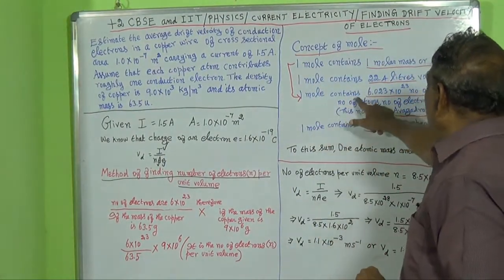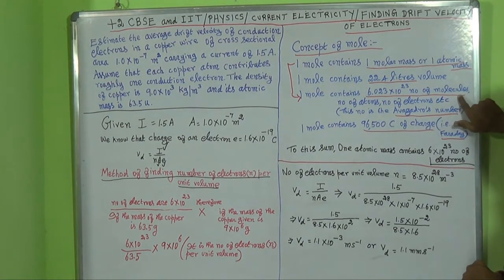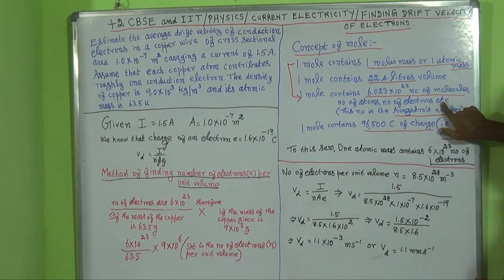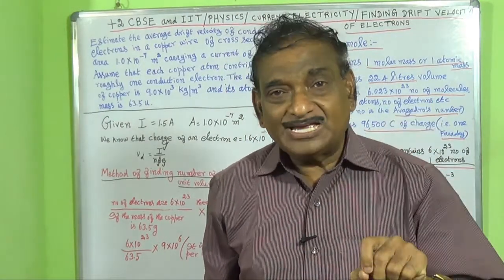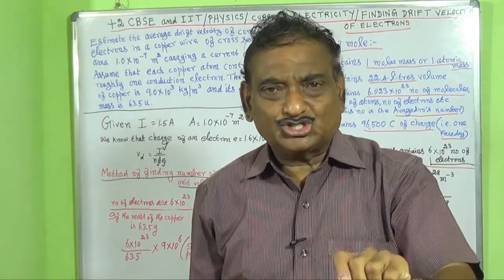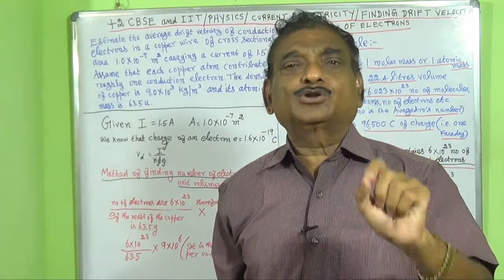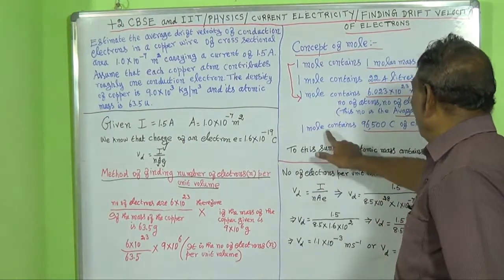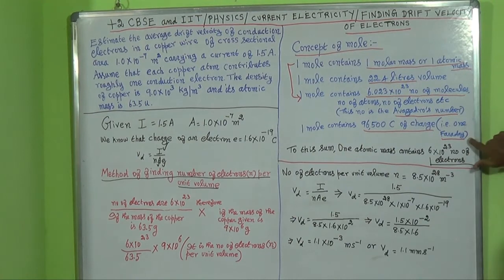One mole contains 6.023 into 10 to the power of 23 molecules or atoms or electrons, etc. Then if we express one mole in terms of charge, one mole contains 96,500 coulomb of charge. This 96,500 coulomb of charge is nothing but one Faraday.